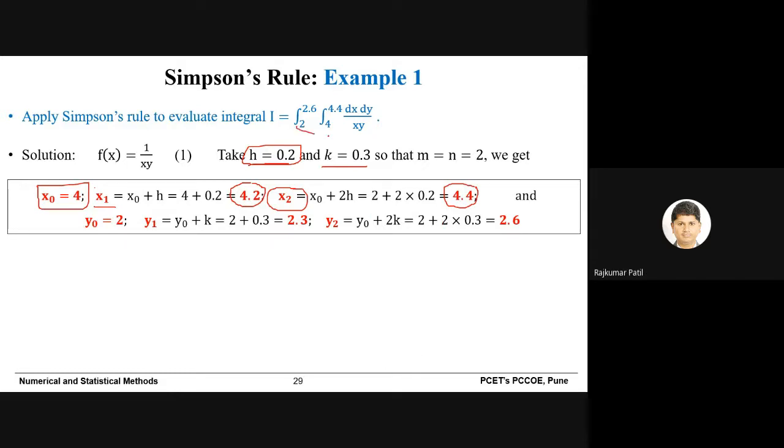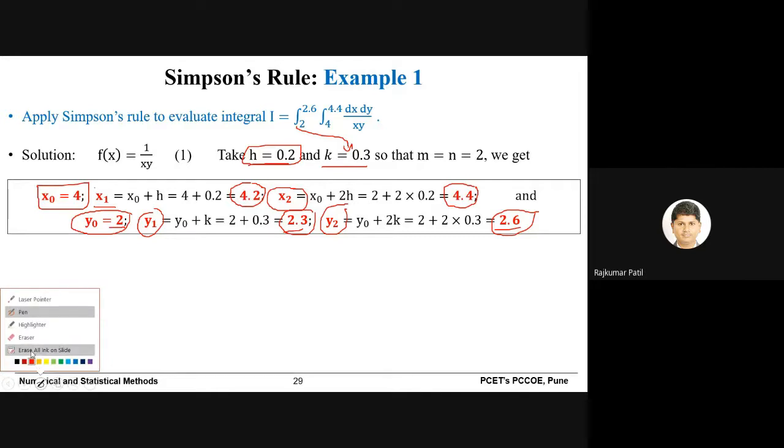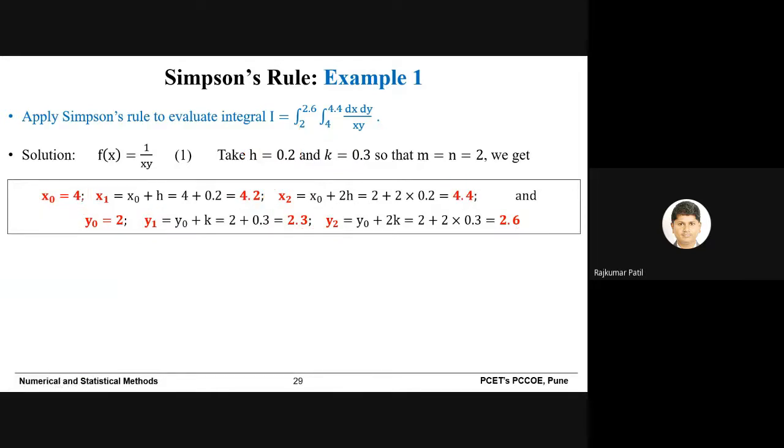Similarly, in the second integration, when we take k equal to 0.3, the first value y0 will be 2, the value of y1 will be 2.3 and y2 will be 2.6. So when you look at the values of y, that is 2, 2.3 and 2.6, it is easier to do the calculations as well. And you may ask how we calculate x0, x1, x2, y0, y1, y2.